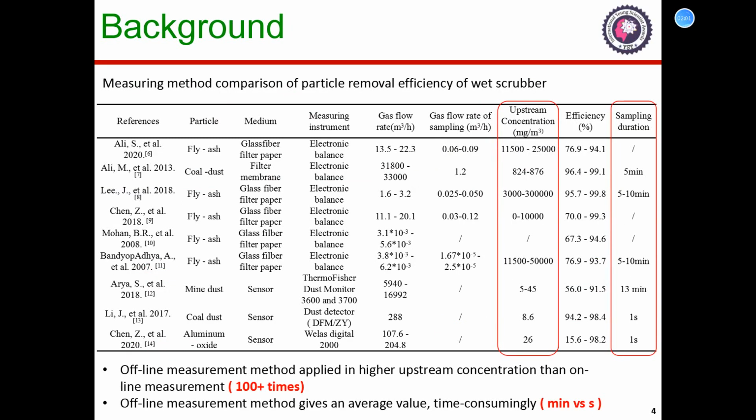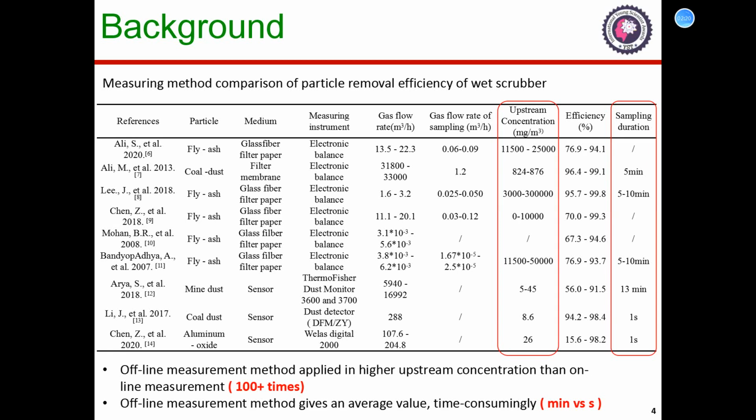And this slide is the literature review comparing measuring methods of particle removal efficiency of wet scrubbers. From the table, we can see the measurement methods can be divided into 2 types.